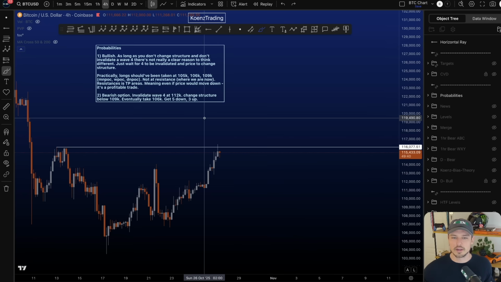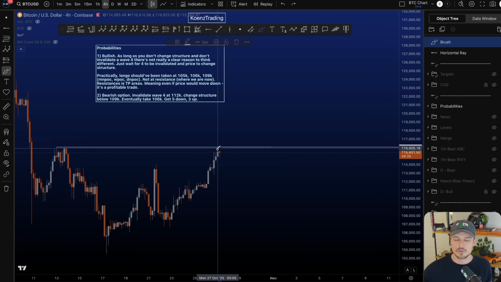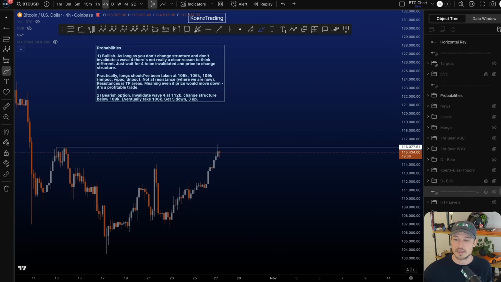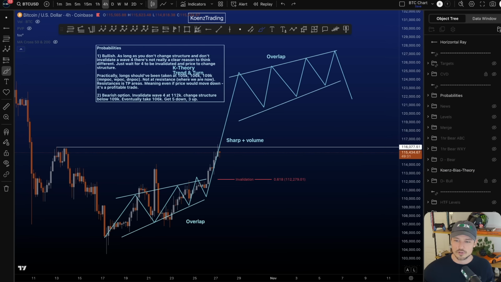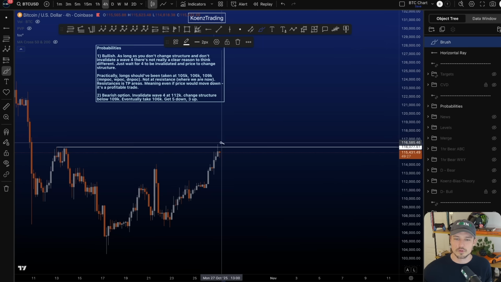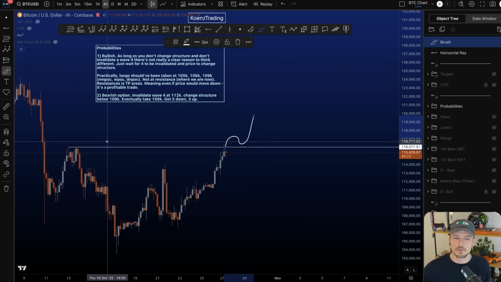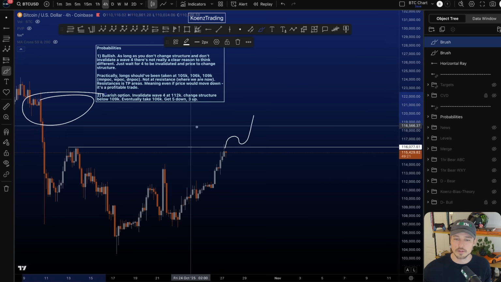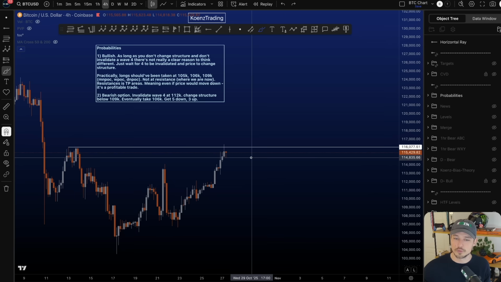Resistances are TP areas, meaning even if price would move to the downside here and touch that 618 at 112.2k, it should still be a profitable trade. However, if you would flip this area of resistance here with signs of strength and you move into the gap, probabilities are high to fill the gap, so that can be an opportunity.